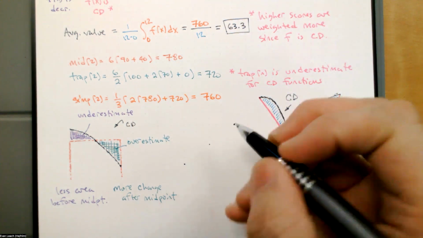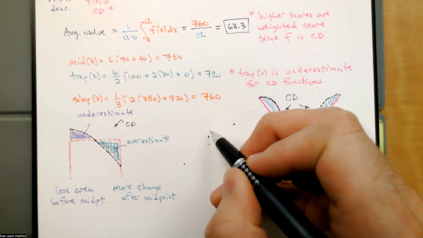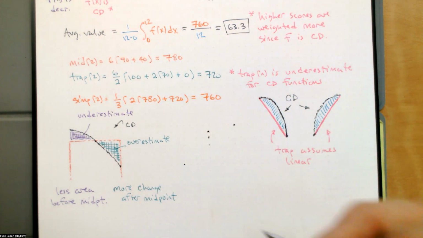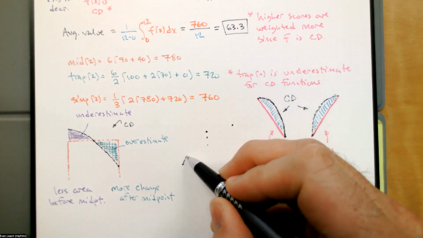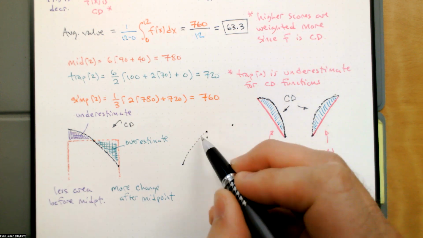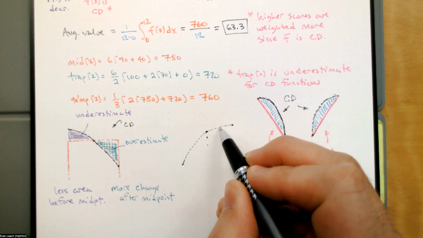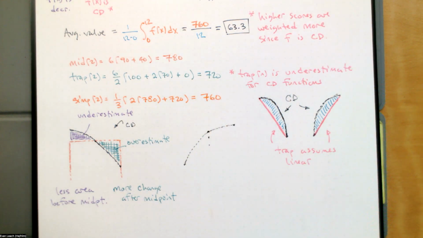Just there. Or if you really want to exaggerate it, there. And now we have it concave down. That straight line would be the trapezoidal rule. So if we push up, we're going to get some underestimate from the trapezoidal rule.